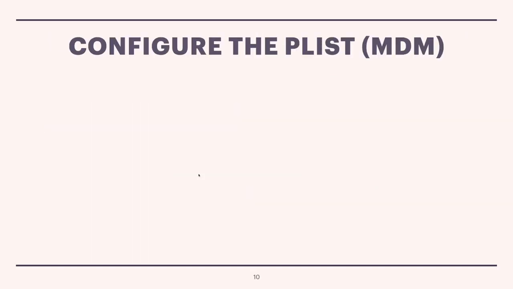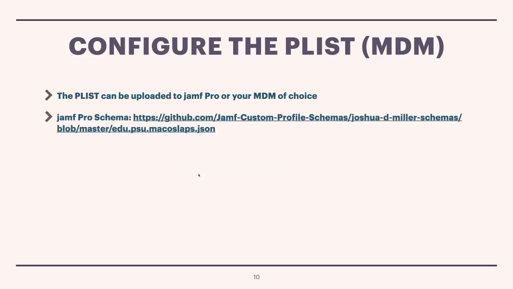Now, if you're using an MDM, you can configure these settings once and deploy them to any device that you want to utilize those settings. So you can upload it to, say, Jamf Pro or another MDM vendor.